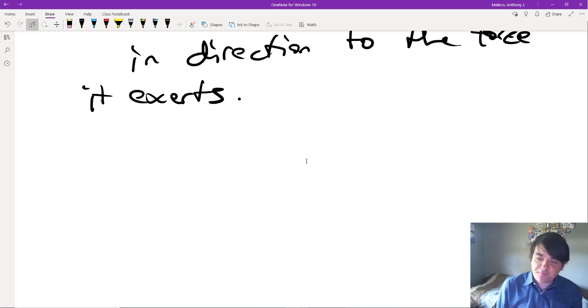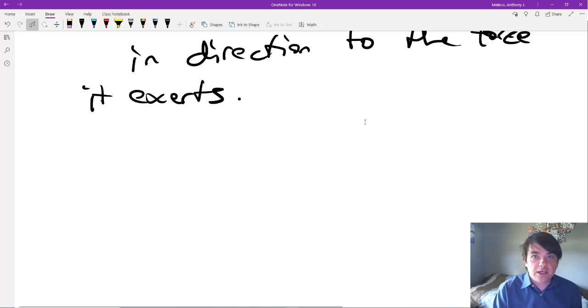I touch my phone, my phone touches me. Earth pulls on me gravitationally, I pull on the Earth gravitationally. Those forces are the same. Even in the case of large forces, like Earth pulling on me with this massive gravity, the force I exert on the Earth is the exact same. What changes is the acceleration of that object.